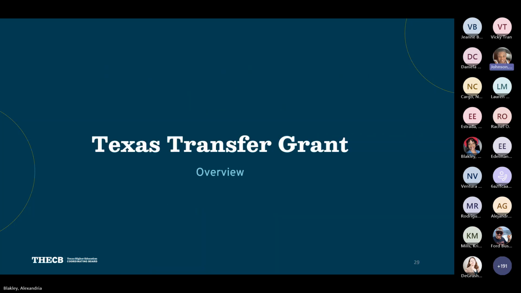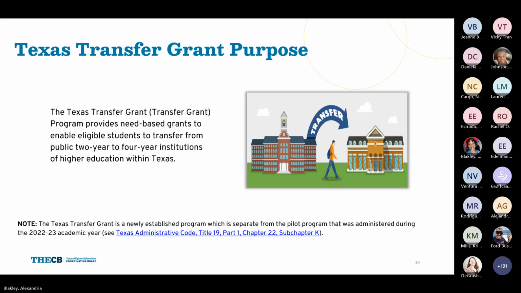Let's begin with the purpose of the Texas Transfer Grant. The Texas Transfer Grant provides need-based grants to eligible students who transfer from a Texas public two-year institution to a Texas public four-year institution.